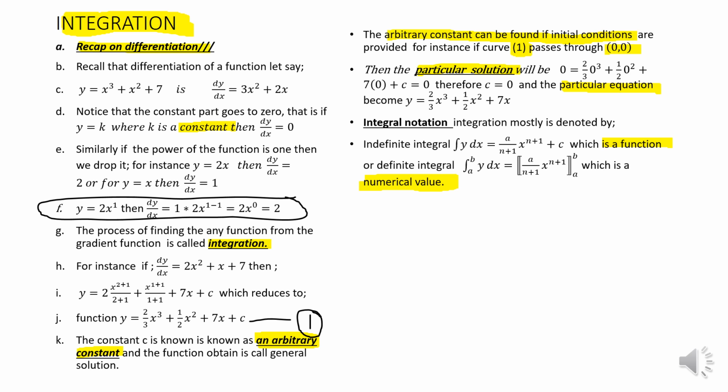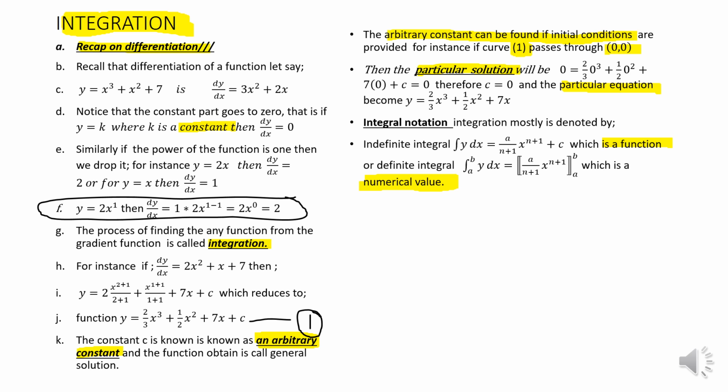Indefinite integral is noted by that extended s with y dx. And when you're integrating an indefinite integral, you have to introduce a constant c. Remember this, an indefinite integral results in a function.